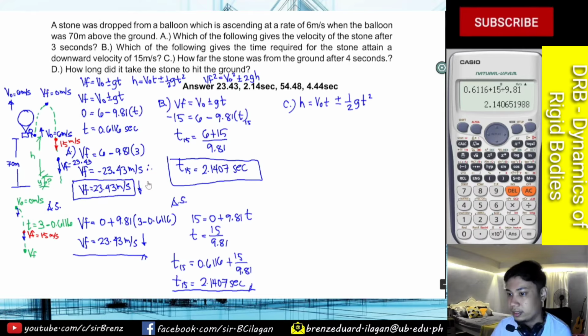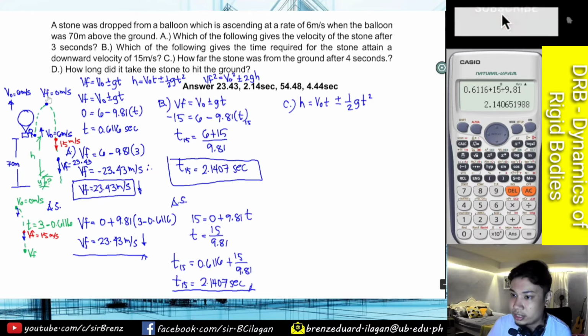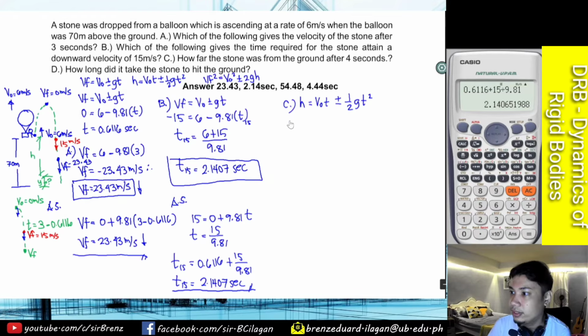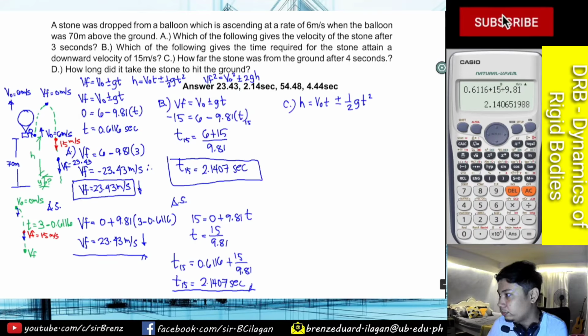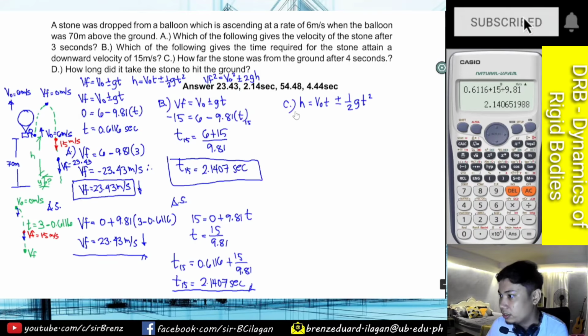Okay? So, let's solve for H. Again, yung H mo, kung mapapansin nyo, nasa baba siya ng VO or pababa yung sukat niya. So, therefore, ito is magiging negative. Anyway, yung sagot niya naman ipapakita naman niya kung positive or negative siya.